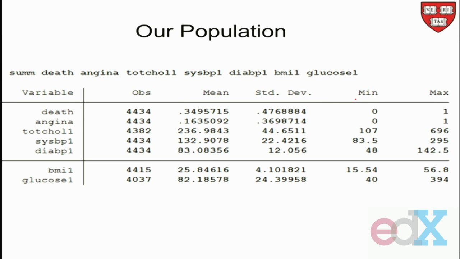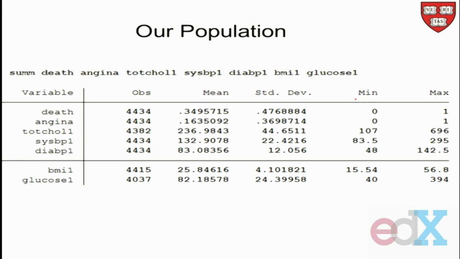Okay? So in our exercise, we're going to do that. So for example, here are the first 7 measures. Here's a summary of the first 7 measures we've got on our population. So for example, death is 0.349, that's about 35%. So about 35% of the 4,434 died.